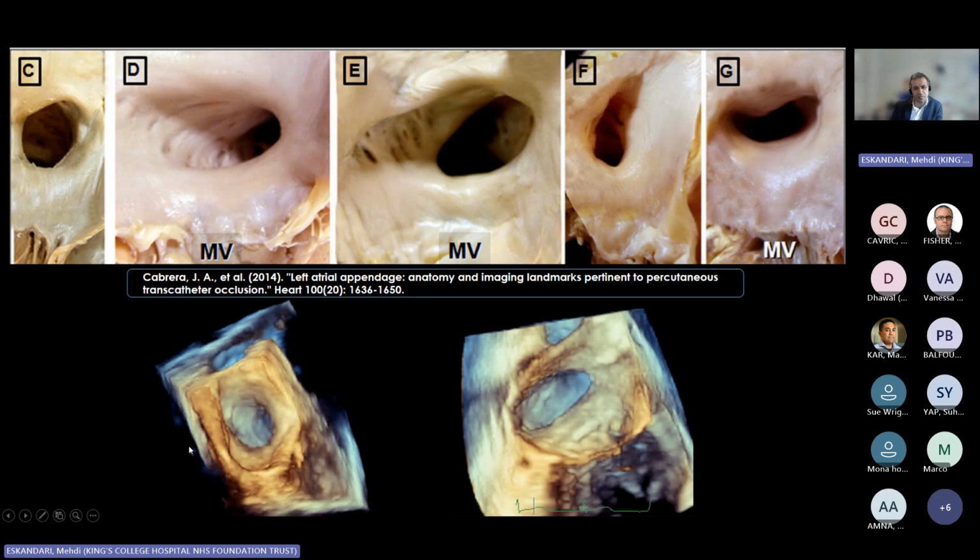These are some images of the left atrial appendage. Image E, for example, shows how pectinate muscles extend into the left atrium. Sometimes you have an accessory lobe next to the main ostium, which makes it very difficult to close. The ostium itself could be extremely elliptical, as demonstrated on the cadaveric images and also on the 3D echo.